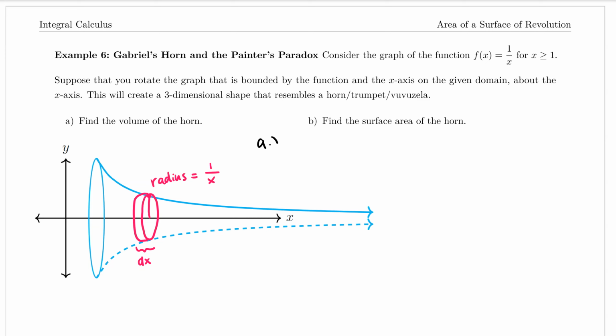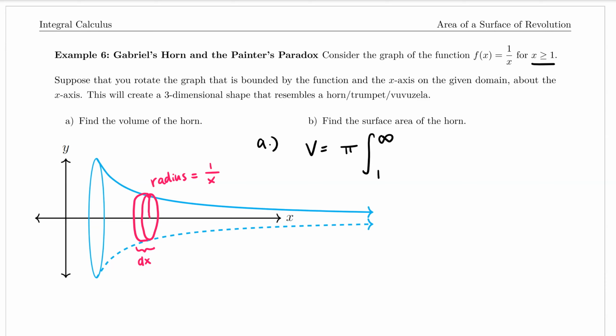So let's work on part A now. We have that the volume is equal to, because we're using the disk method, pi times the radius squared. I'm going to factor out pi, and we're looking at x values that are greater than or equal to 1. So I'm going to have my lower limit of integration be 1 and my upper limit of integration be infinity. So it turns out that this is an improper integral.